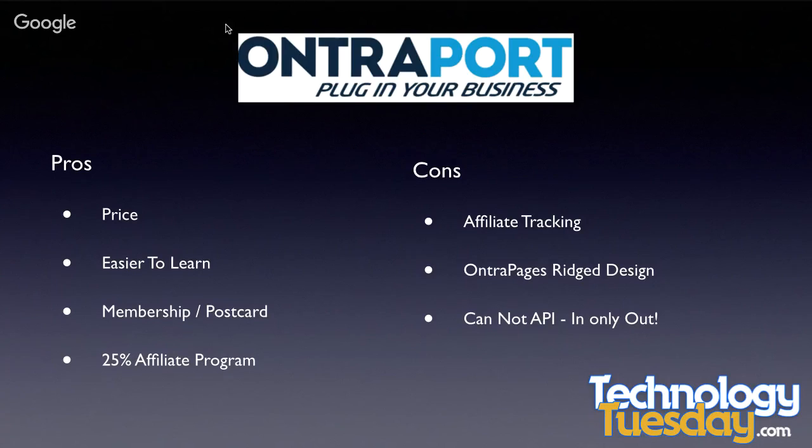The other thing that I really liked about Ontraport is that a lot of the things that are in Infusionsoft's marketplace, that I feel should be inside of a CRM system, are already inside Ontraport. For example, there's a membership system built in, so you don't need a third party. They have a plugin that will tie into WordPress.